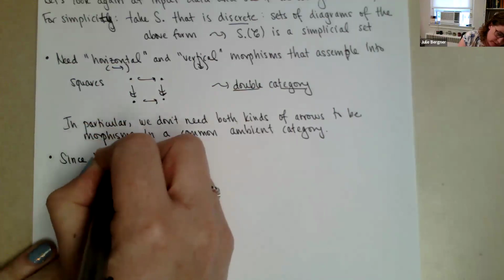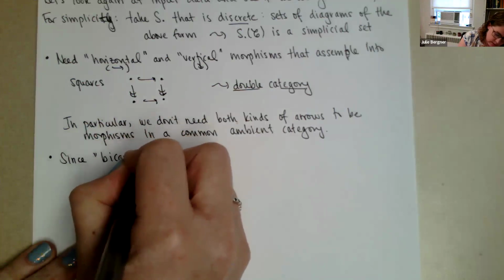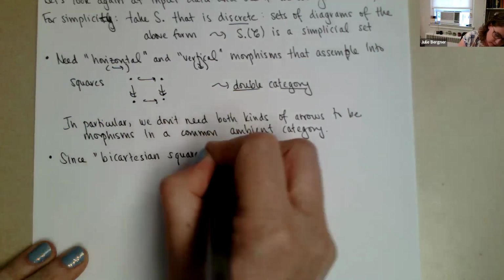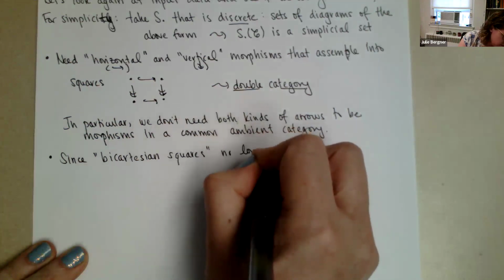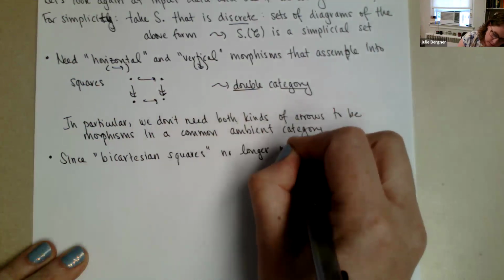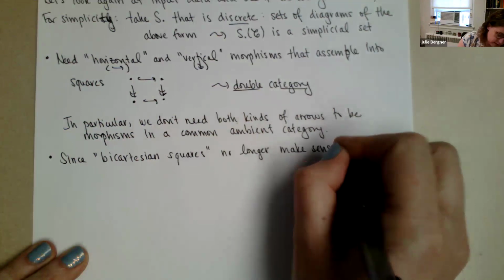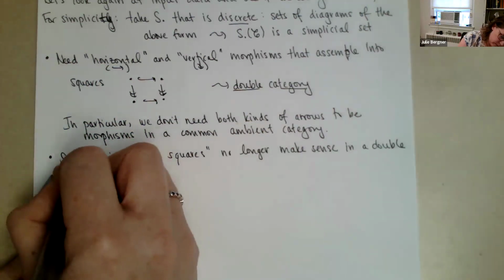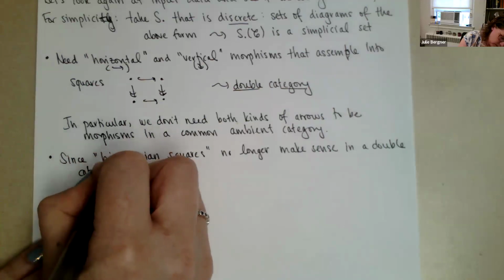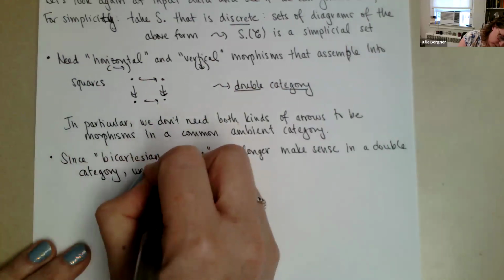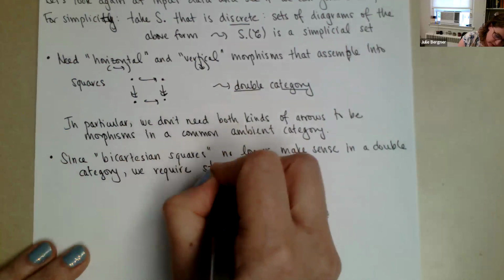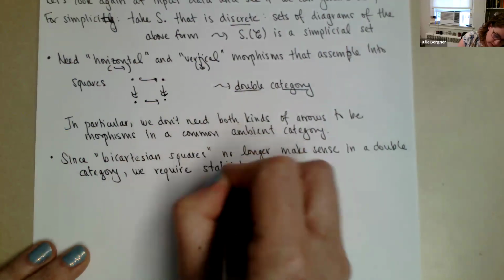So since bicartesian squares no longer make sense, we basically ask for the same kind of thing to hold, and we call this stability.